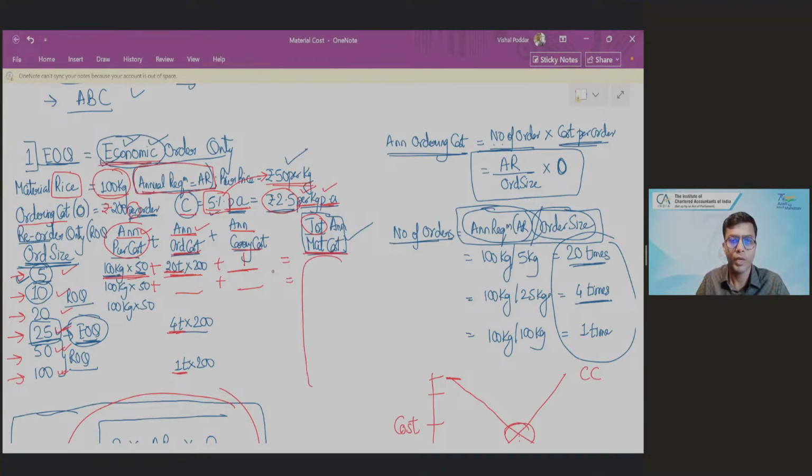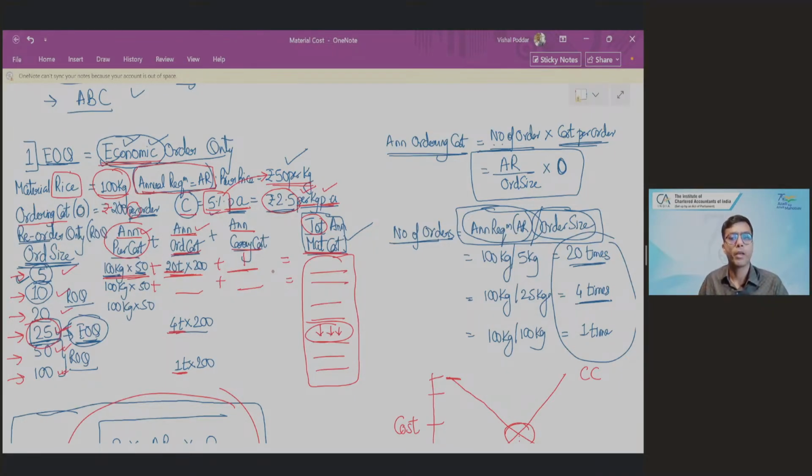So you will get a different total material cost for each option that you have. Out of this, that order size will be selected where your total cost is the lowest. This is the simple approach. I call it the trial and error approach, which we are going to use very soon.